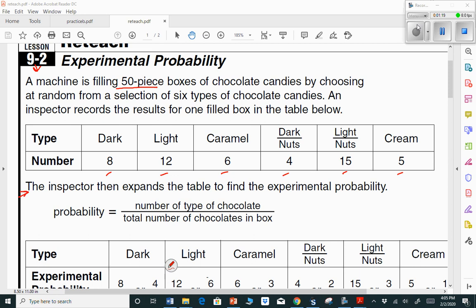The inspector then expands the table to fill the experimental probability. So let's see what that looks like.